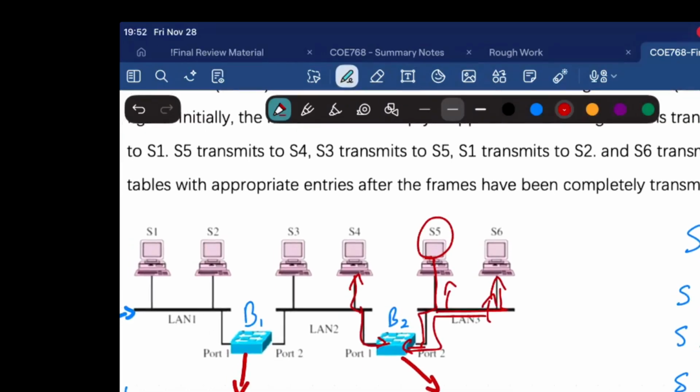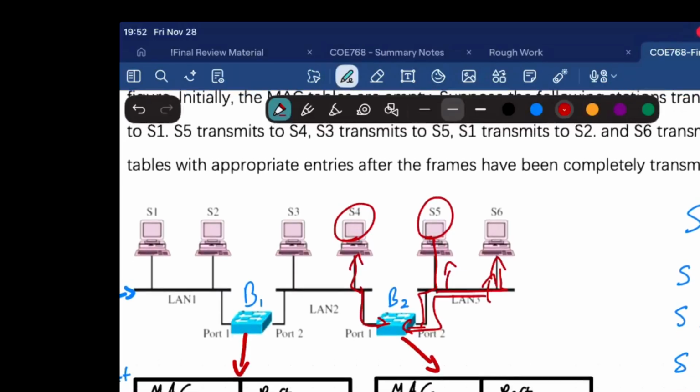And so S4 gets its packet, and B2 now knows where S5 is, which is on its port 2. And since the packet ended up getting onto this bus, we also know that B1 will have gotten this information through this communication port. S5 is on its port 2 as well. So port 2 corresponds down there.